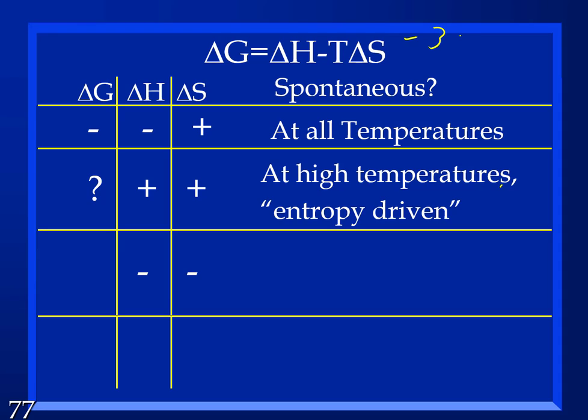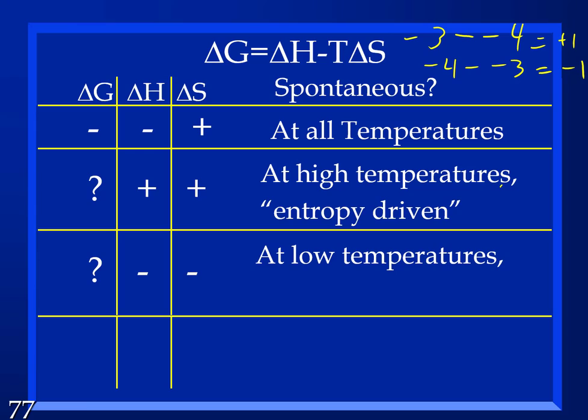Negative 3 minus negative 4 would be plus 4, which would get you a positive 1. Negative 4 minus negative 3 will get you a negative 1. So it depends on the temperature, and I need the second term to be a small number if I want it to be spontaneous. So that's only going to happen at low temperature.